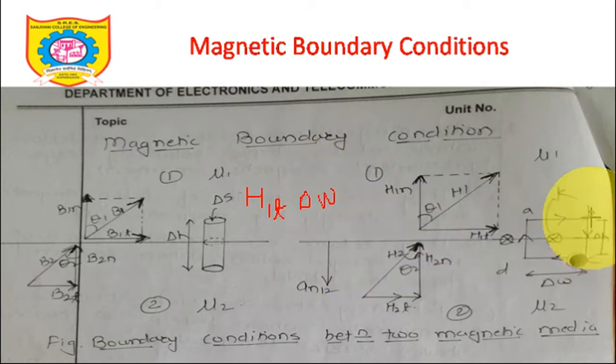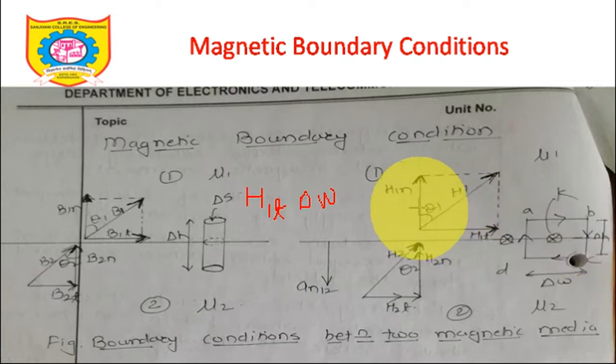Now I will start my journey from B to C, but before that, half of the BC segment is in region 1 and half is in region 2. So let's talk about this particular region now. The length will be delta h by 2, and in region 1, if this is the direction, try to find the component of H bar in the direction of BC.